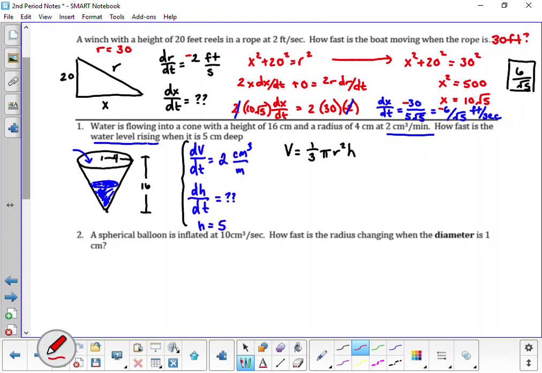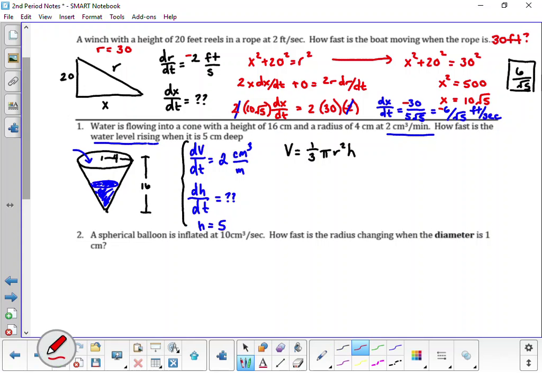Here's what you do for anything that's usually triangular in shape: you've got to find a relationship. If you know this radius is 4 and this height is 16, by geometry, any triangle that you draw within it has the same ratio of radius to height.